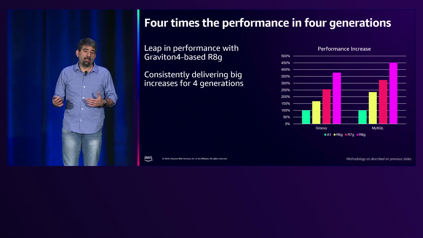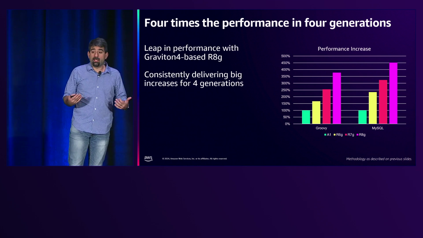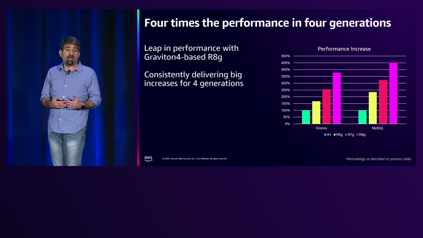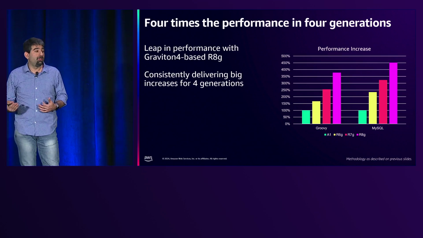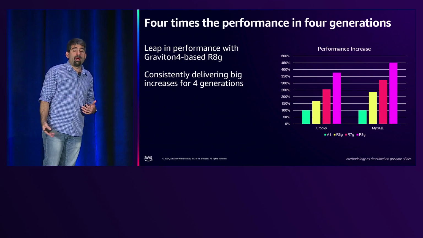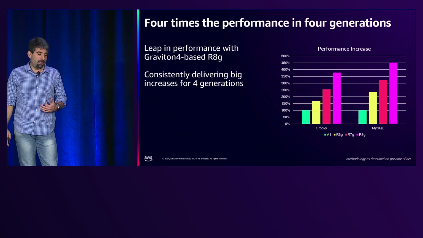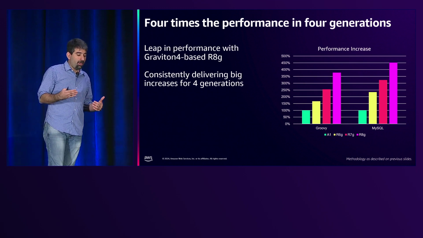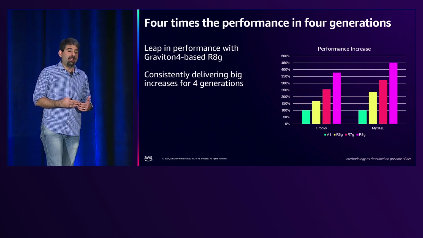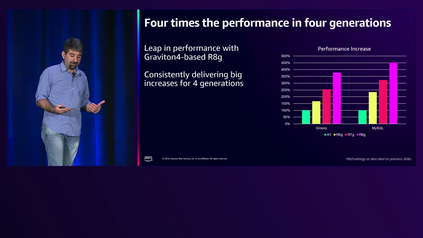And if we step back and consider where we started back in 2018 with the A1 instance, where we got to in 2019 with Graviton 2, in 2021 with Graviton 3, and last year with Graviton 4, we can see around a 4x, depending on the workload, increase in performance.